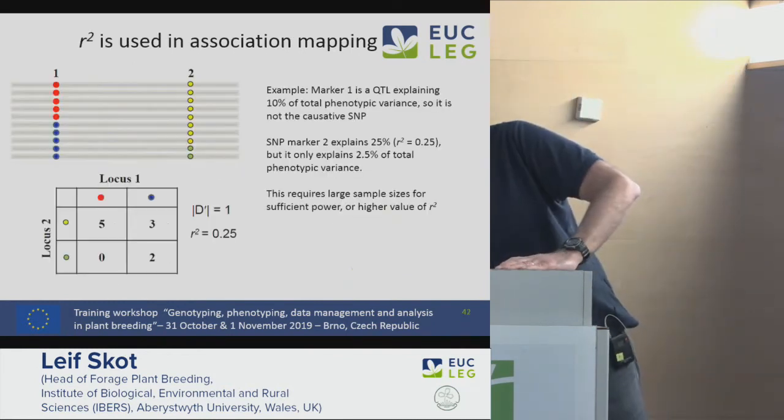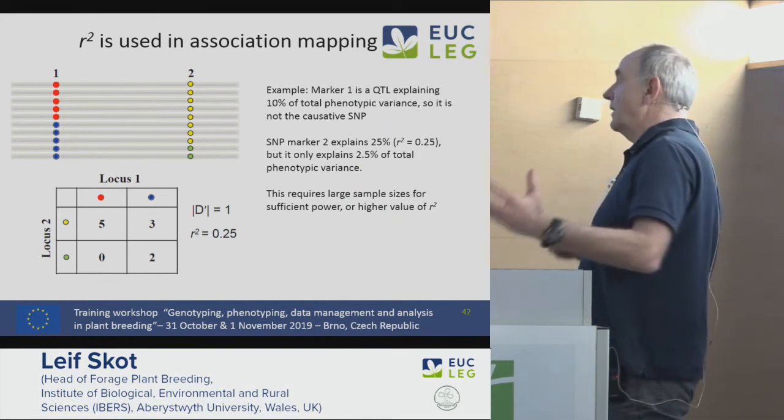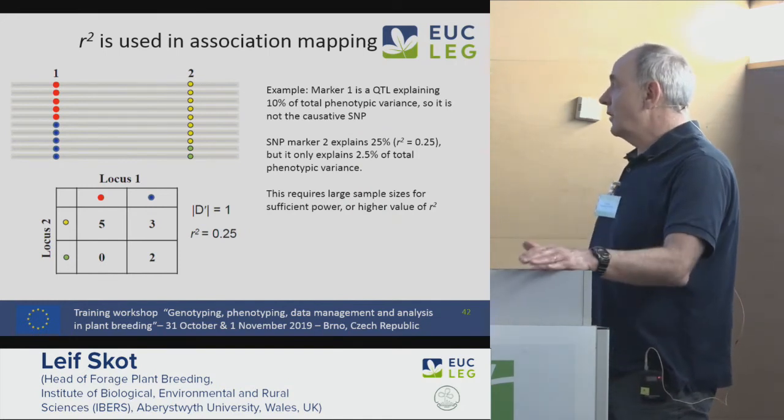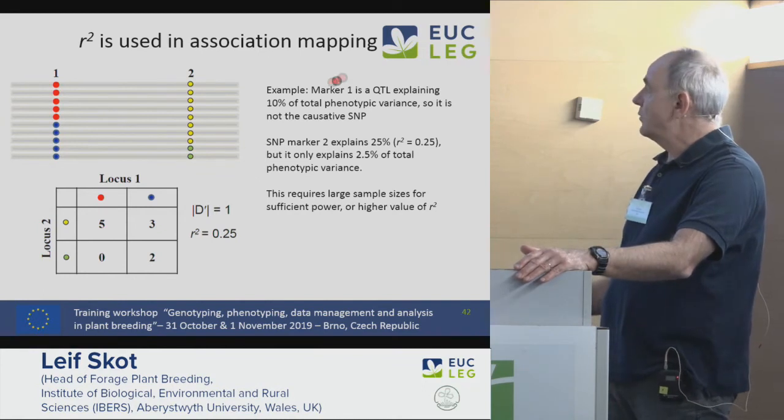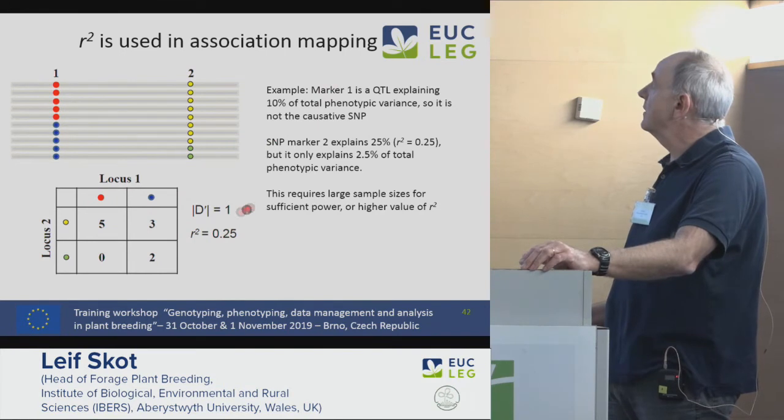If you then go to an example I've shown here, where you have linkage disequilibrium where the R squared value is 0.25, which is not particularly high, but not 0 either.